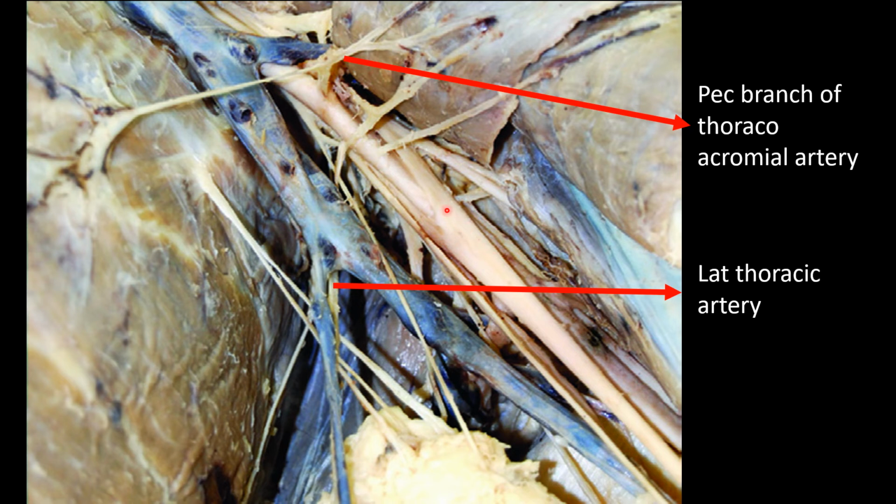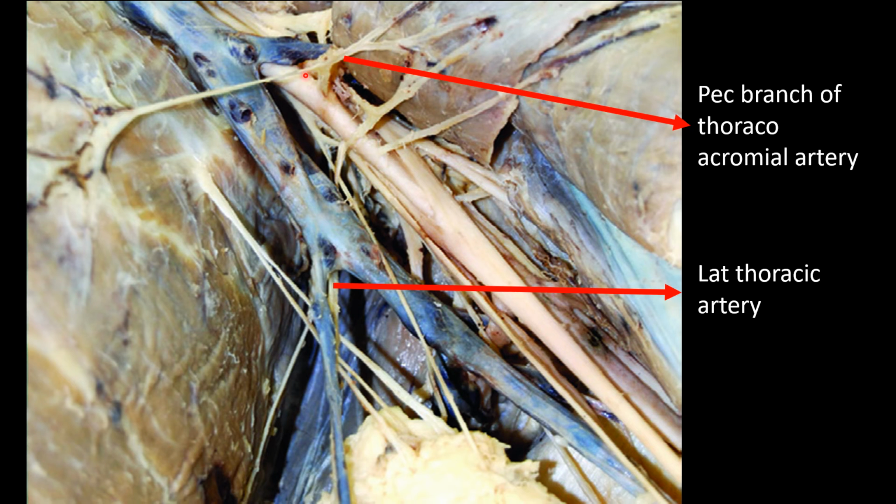In this slide I am showing you the two arteries coming from the second part of the axillary artery. One is the thoracoacromial artery, then the lateral thoracic artery. The thoracoacromial artery has four branches.